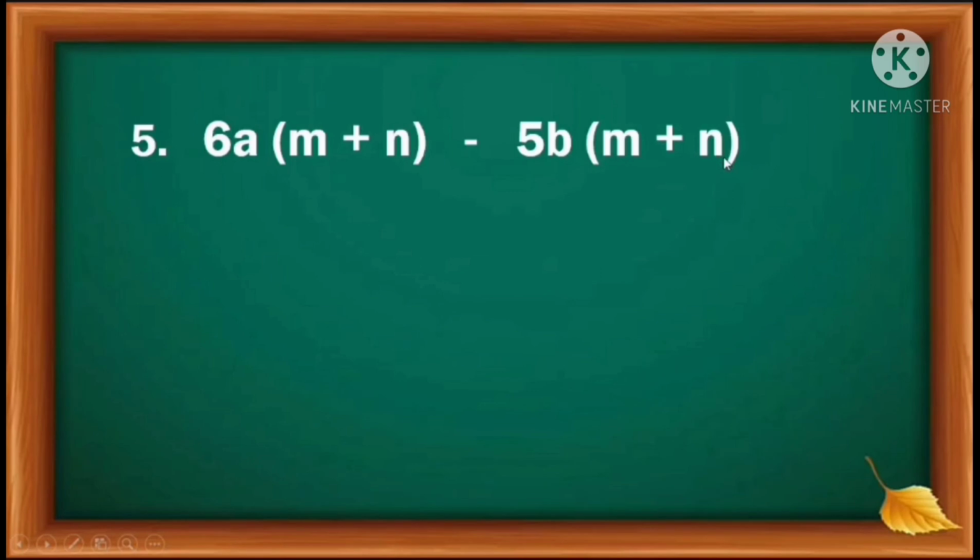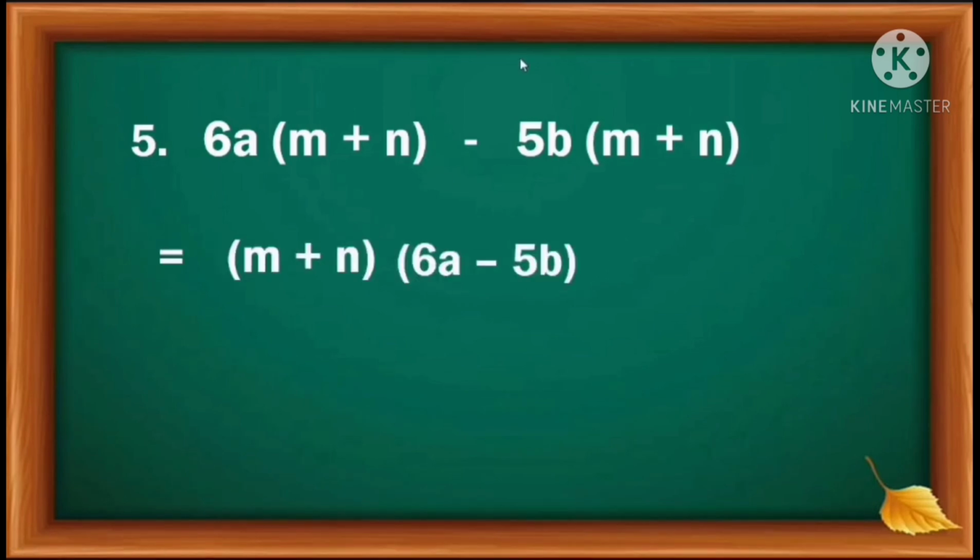So, the first step that we need to do is to write or to copy this common factor here, m plus n. And then times the quantity 6a minus 5b. Saan galing yung 6a minus 5b? Ito yun, 6a minus 5b.